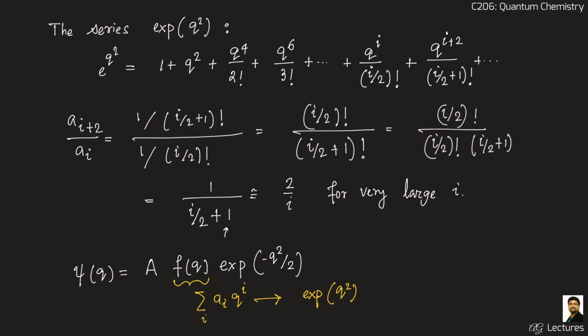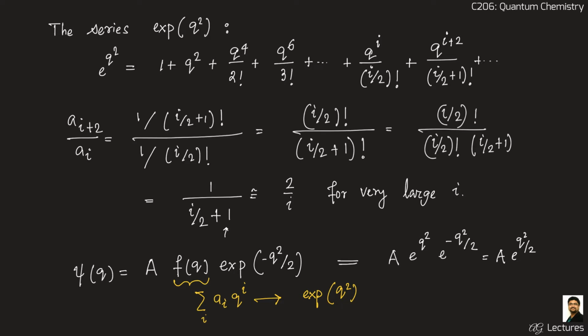So if we really have an infinite series plugged in here into the solution, then this particular function ultimately will behave like an exponential q square times an exponential minus q square over 2, which is an exponential q square over 2.